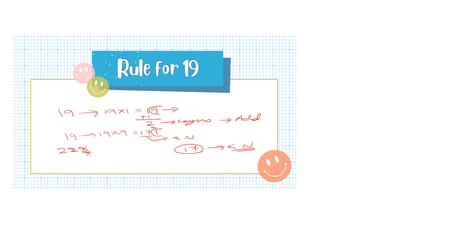Add 22 with 16. It would be 38. 38 is divisible by 19. That's why 228 is divisible by 19.